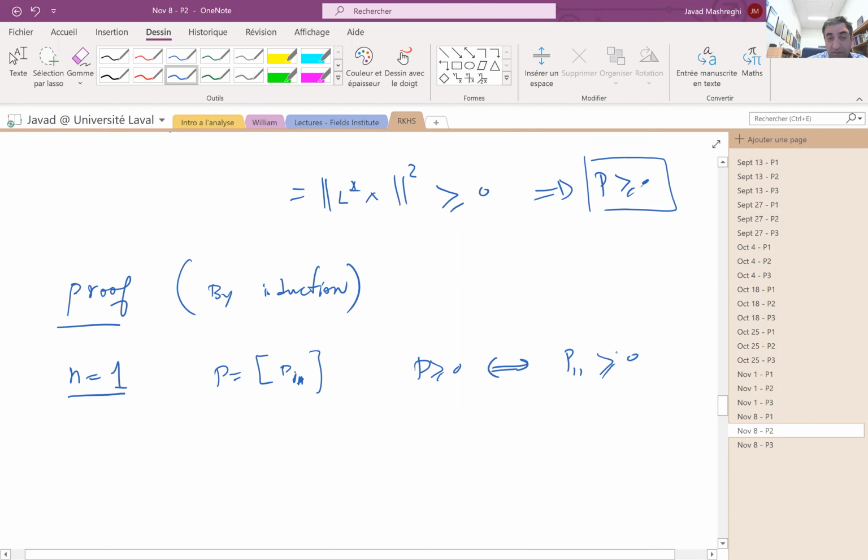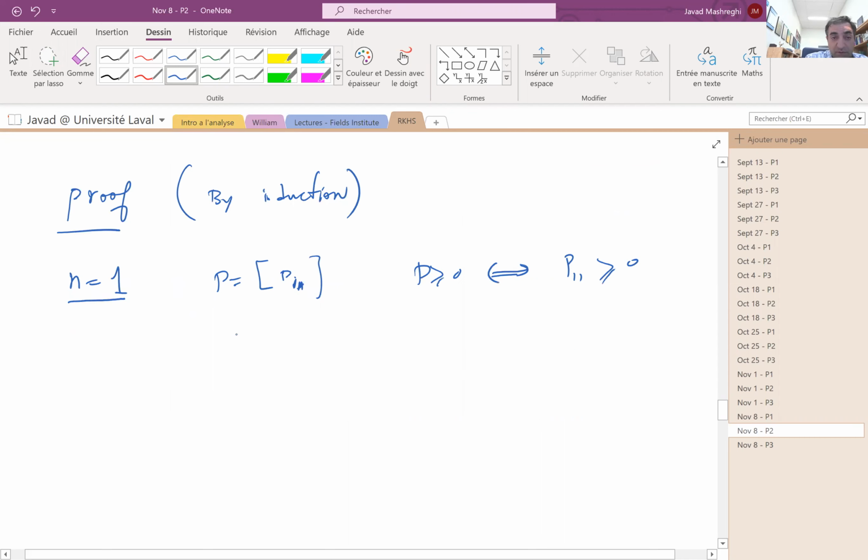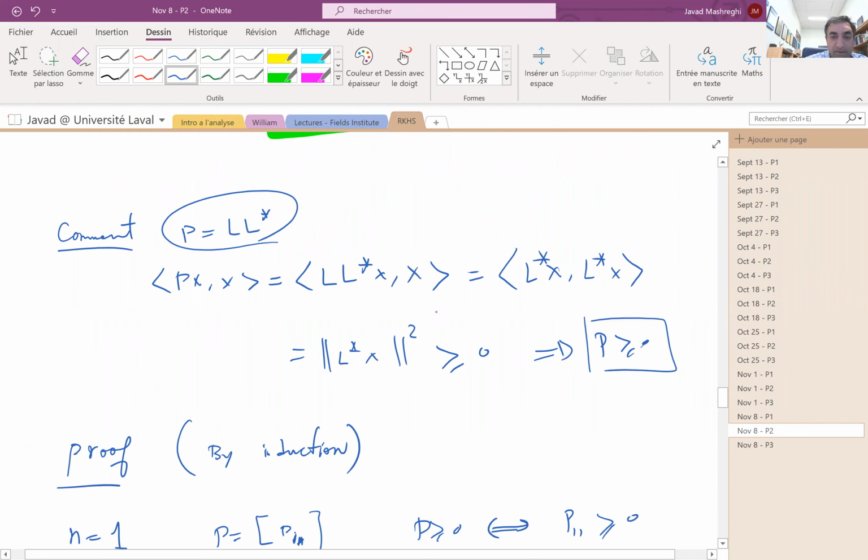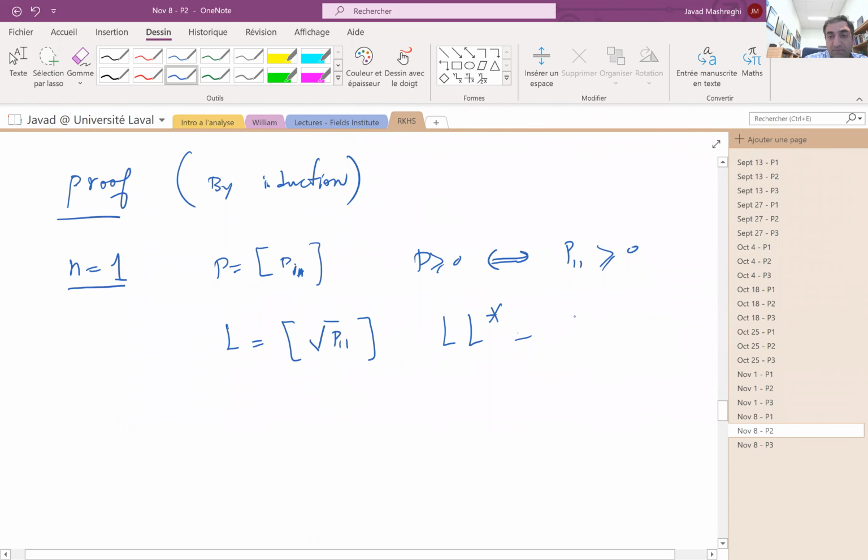And so we can take the square root. So L is the square root of P11, and L L star is just P. So kind of trivial, but it's still important.